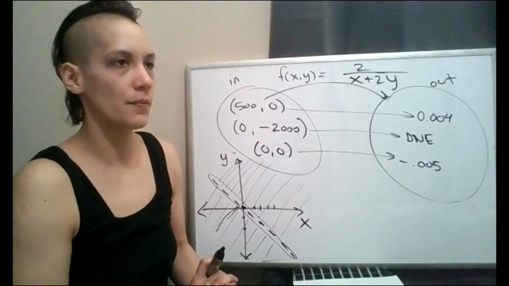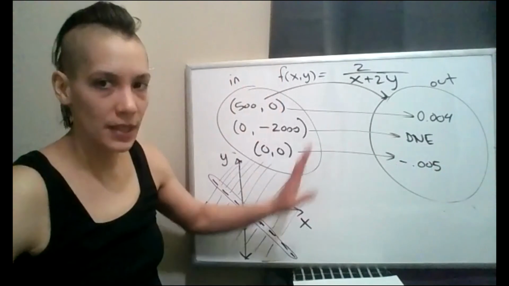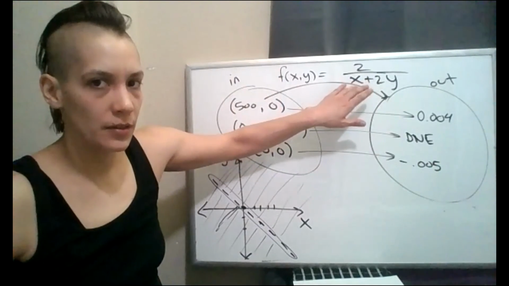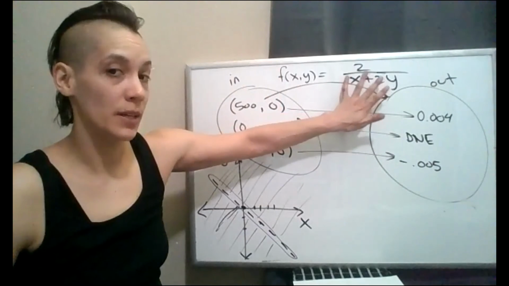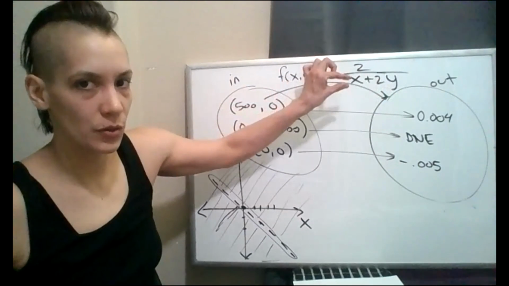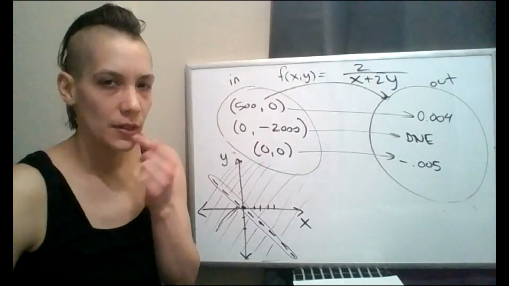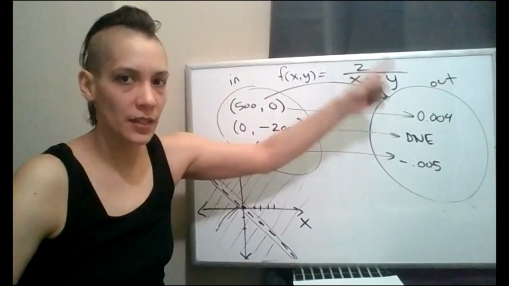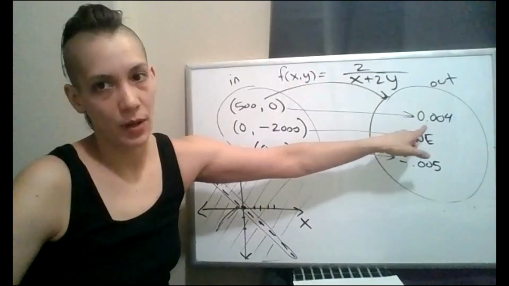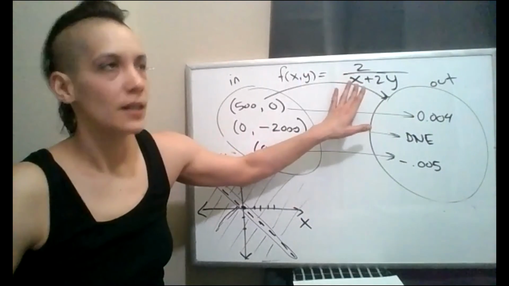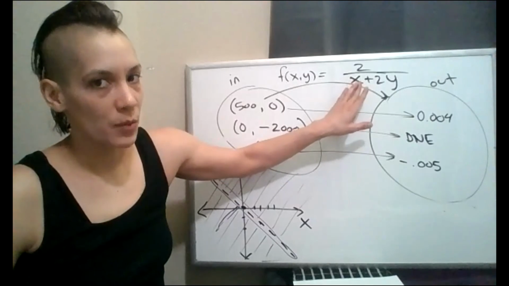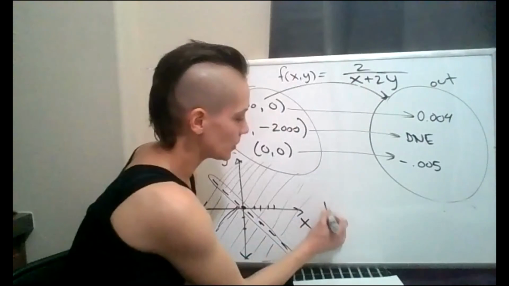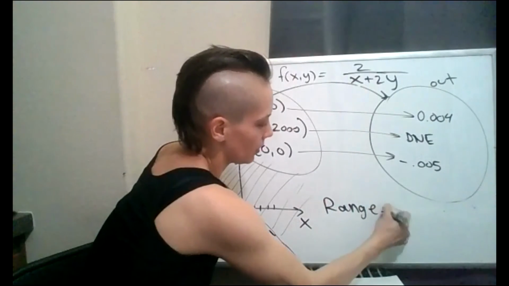So I'll double check on my own, but I'm thinking that as we put in larger and larger x or y's and the denominator becomes bigger, this value gets smaller and goes towards 0. It could also be negative, because if you have a negative number in the denominator, it makes this whole value negative. Of course, we had a positive output, and we could have this value in the denominator getting smaller and smaller, which makes the whole value bigger. So the range should be all numbers.